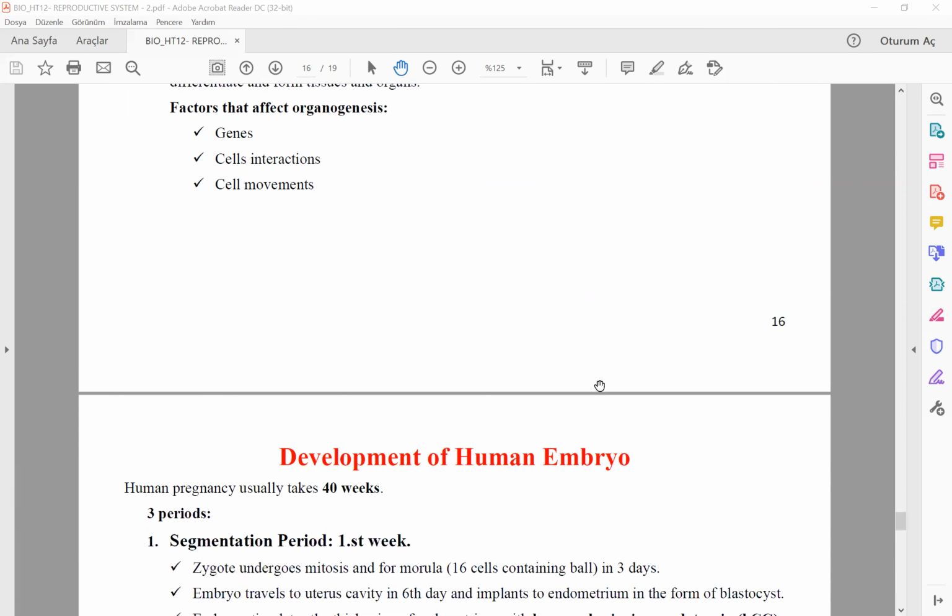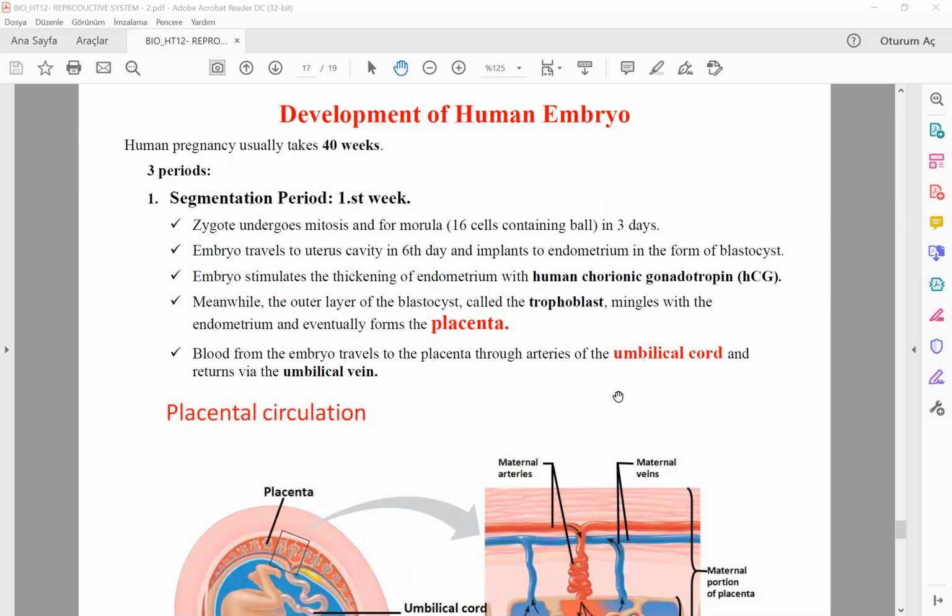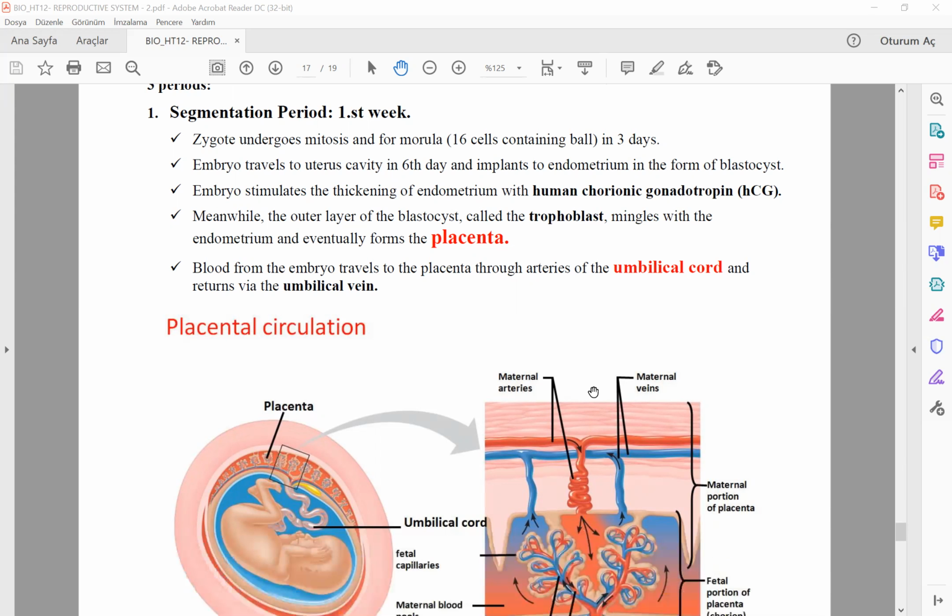Okay, let me shortly explain the development of the human embryo. The first period we called segmentation or cleavage period, and human pregnancy usually takes 40 weeks. In the first week, with the help of human chorionic gonadotropin, which is secreted, the corpus luteum is maintained. The corpus luteum secretes progesterone and estrogen hormones, so the endometrium remains and implantation occurs.